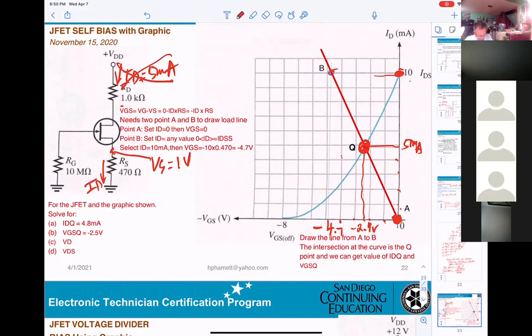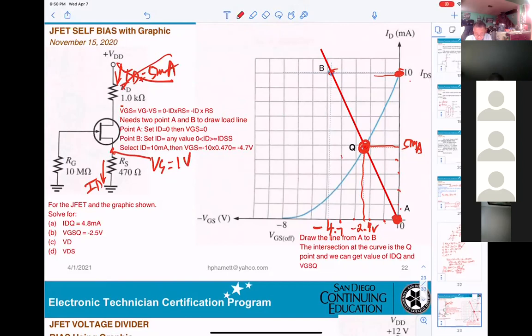Question real quick, Mr. Pham. Looking at the drawing, we see the blue line, and I can tell that from 10 down to Q, it's almost a straight line. But from Q to -8, what determines that slope?